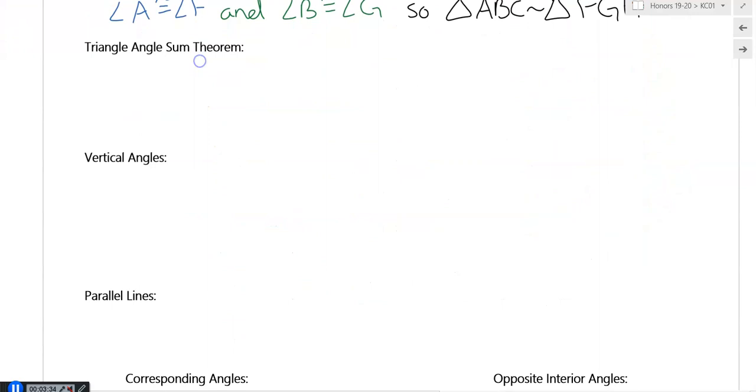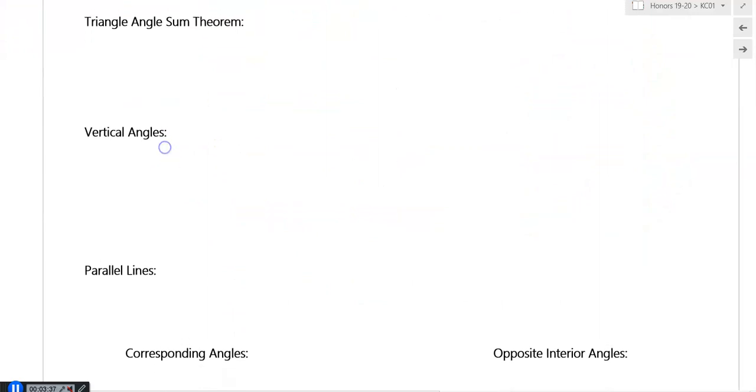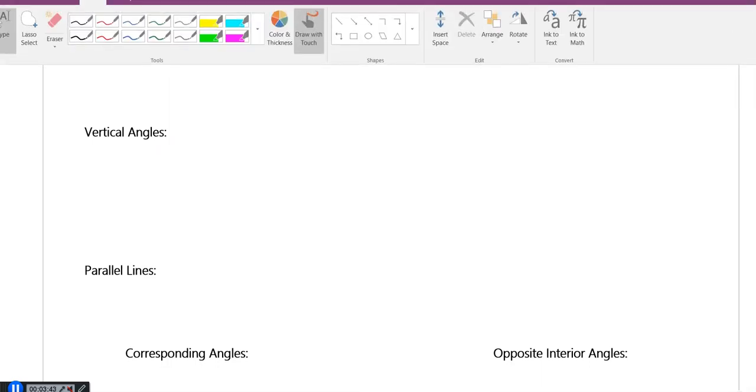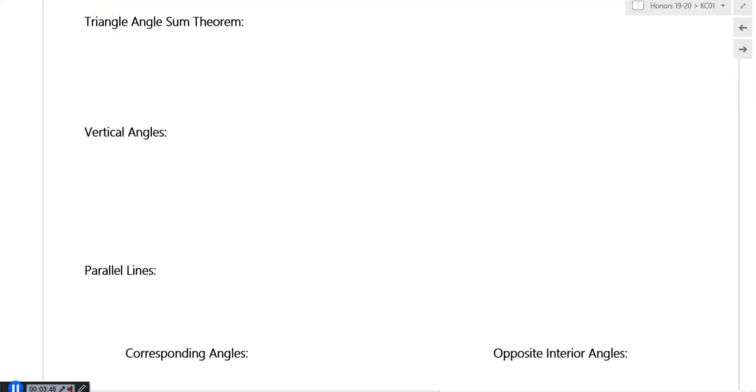So there's a few things we need to know. So now we know that angles are the same. One of the ways we can know that angles are the same is the triangle angle sum theorem.